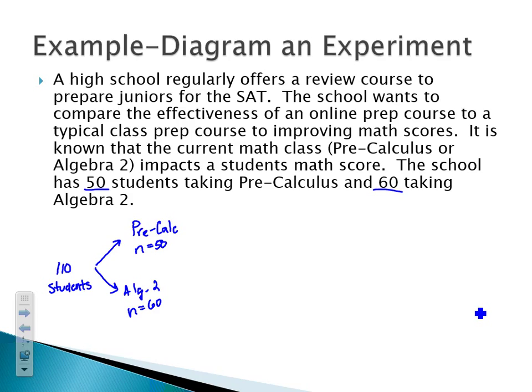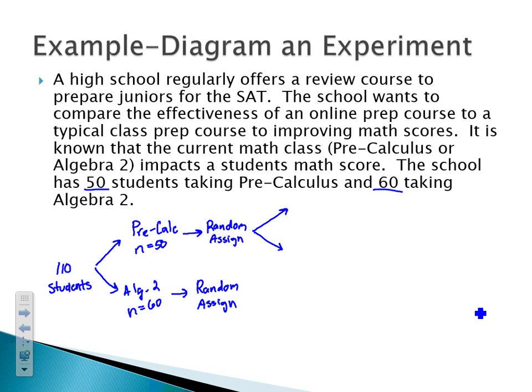All right, so now that we've set up a block, now we go ahead and apply our random assignment. And we need to do that in each group. All right, and so the pre-calc kids, we're going to randomly assign them into two different groups.